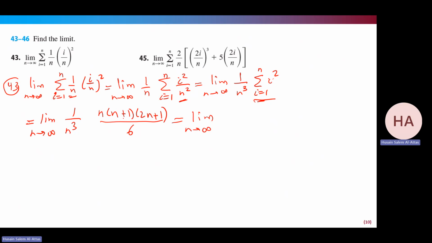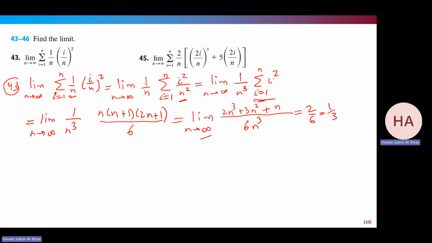I have in the numerator 2n cubed plus 3n squared plus n over 6n cubed. This is the same degree. So just to find the limit as it goes to infinity, just take the coefficient. That will be 2 over 6, which is 1 over 3.